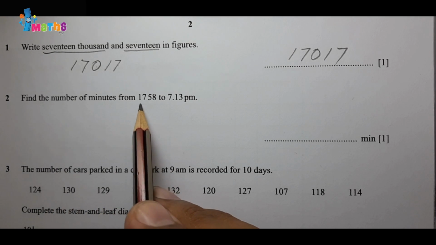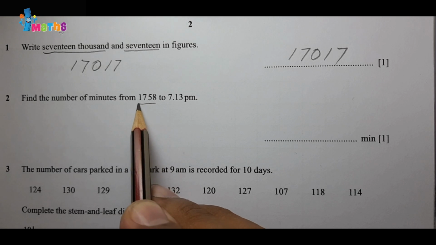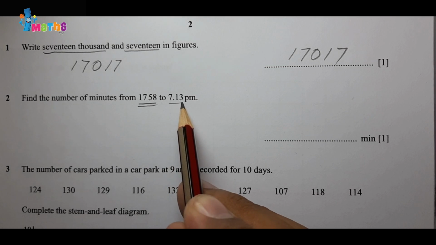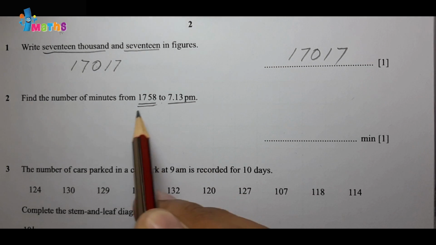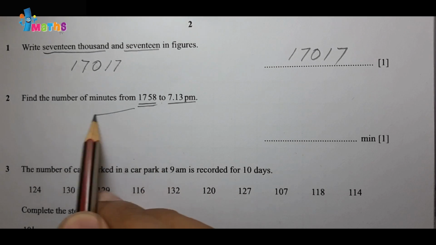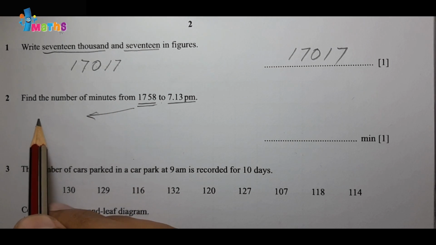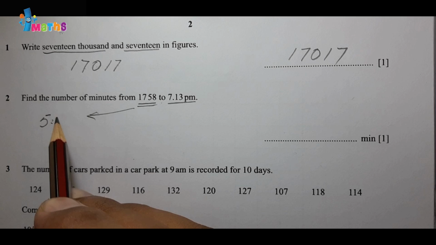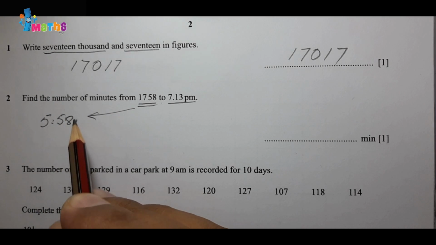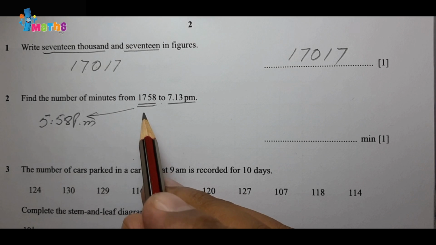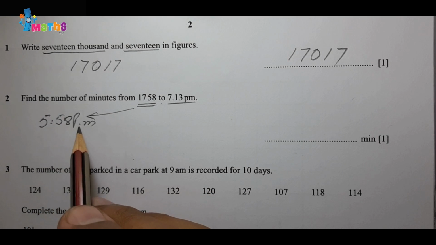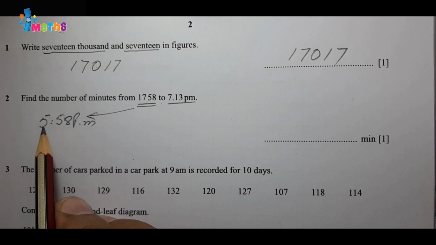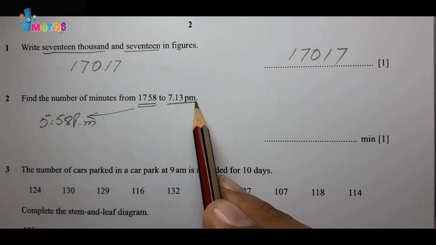Find the number of minutes, and they have provided us 1758 to 7:13 p.m. We will change the format of 1758 and write it as 5:58 p.m. After converting this, now we have to find the difference between 5:58 and 7:13.